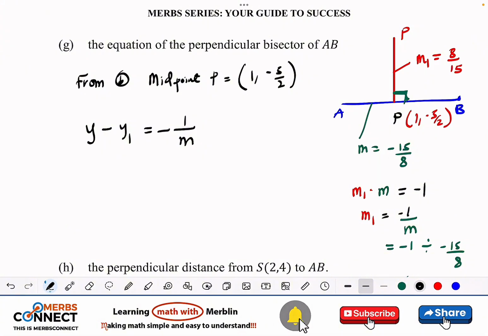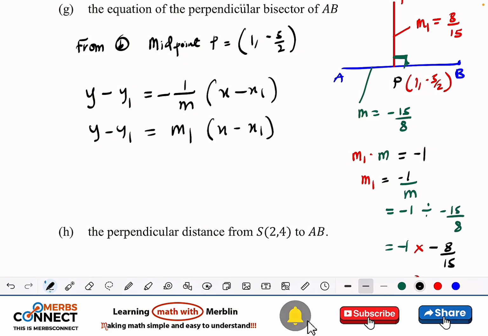Good. And then this one is going to give us x minus x1. But remember, this minus 1 over m is what we've had here, and we are saying that it is m1. So I can just write this is equal to m1 times x minus x1. So the next thing to do is substitution. So now y minus, what is y1?